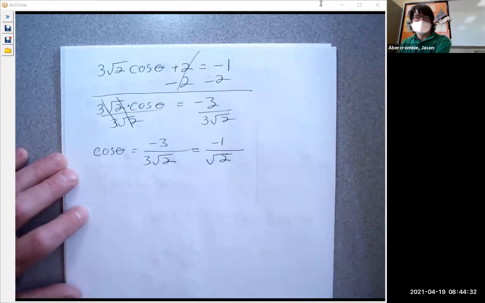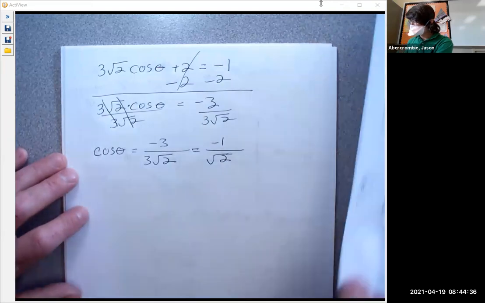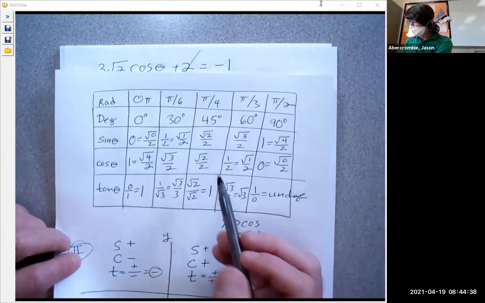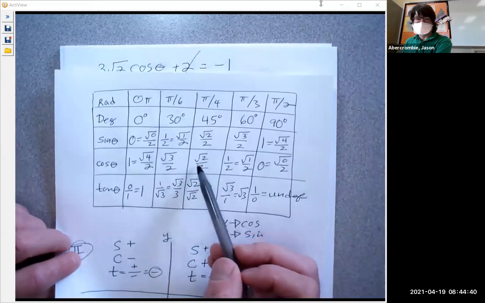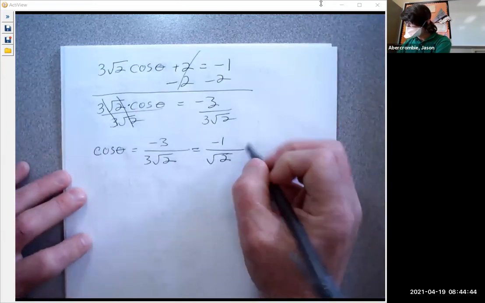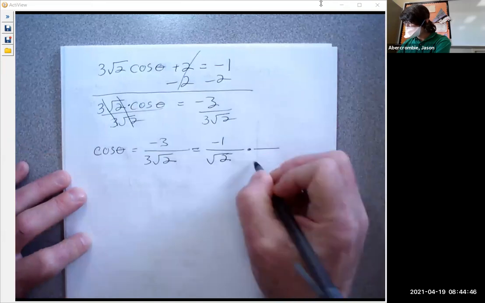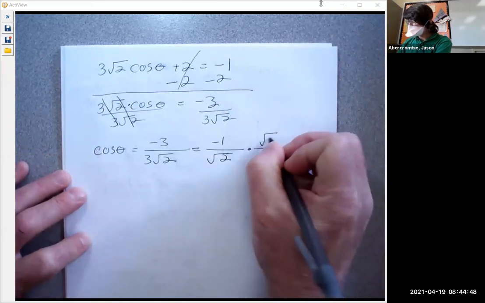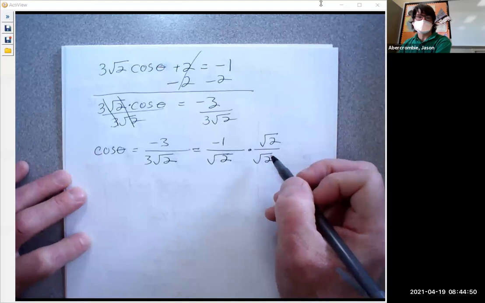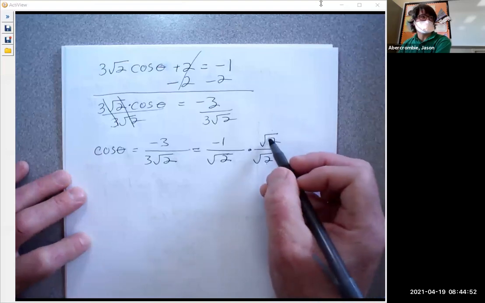And then this does not really match anything in my list currently, but it kind of looks like this. What you have to do sometimes is rationalize to get the square root out of the bottom, and you do that by multiplying. This is called a well-chosen one. It's 1 because it's root 2 over itself.